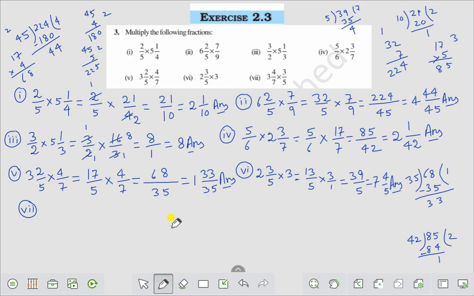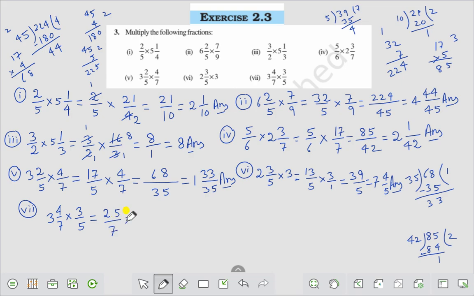Right? Here you see it is 3 whole 4 by 7 into 3 by 5. That will be equal to, multiply the whole number with the denominator, that is 3 7s are 21 plus 4, that is 25. 25 by 7.